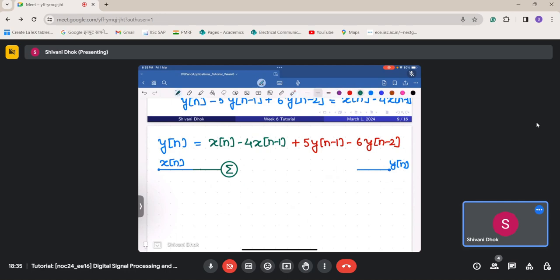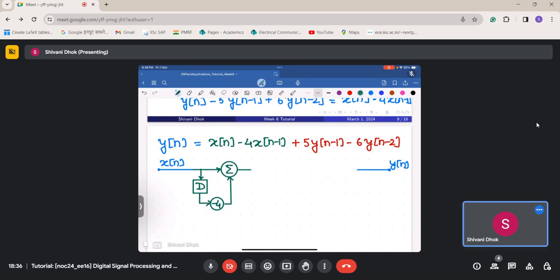So we delay this x of n by 1 unit, multiply it by minus 4, and add it.